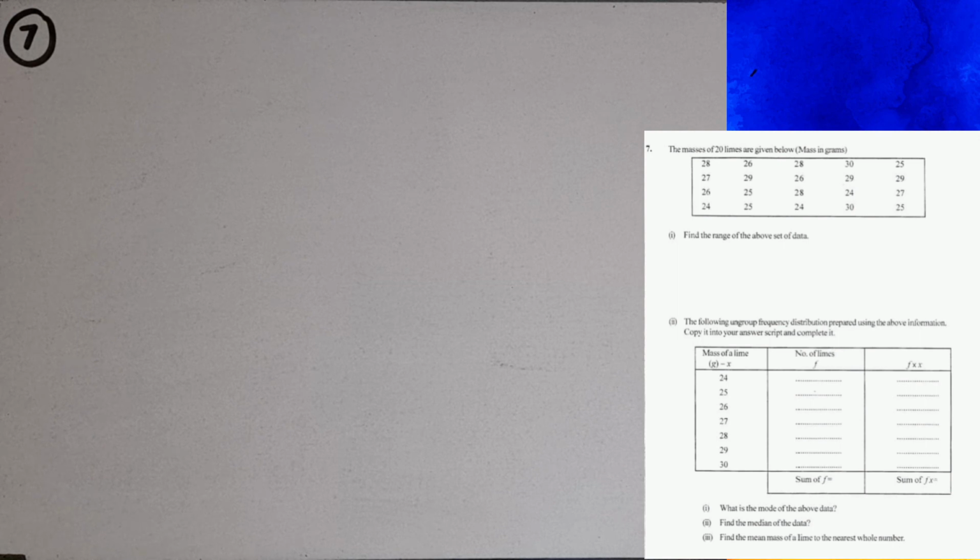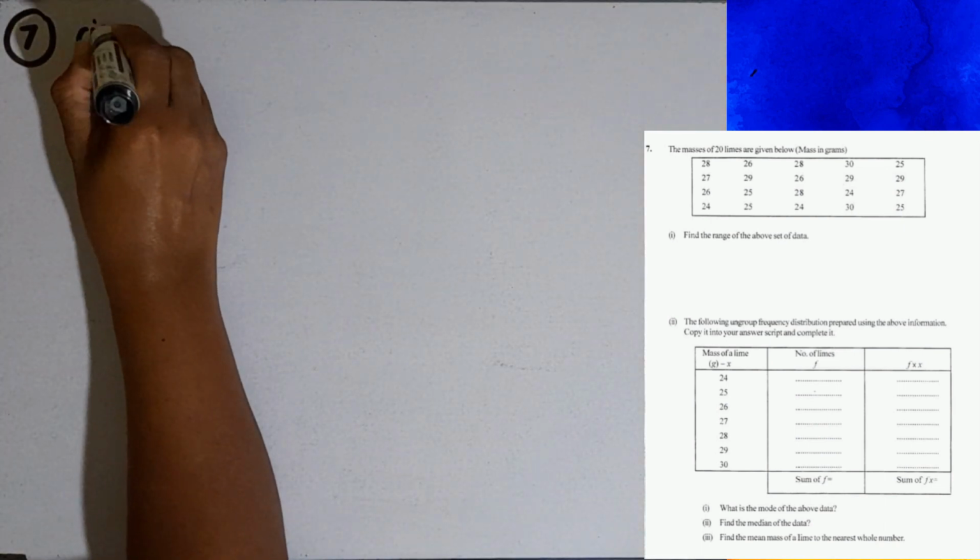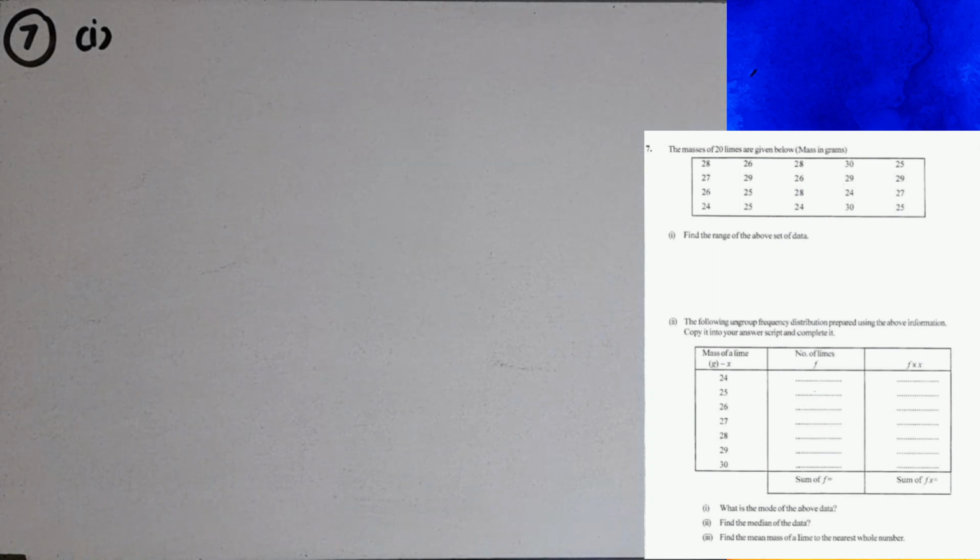Question number 7. The masses of 20 limes are given below, mass in grams. This is the information given for us. First part, find the range of the set of data.